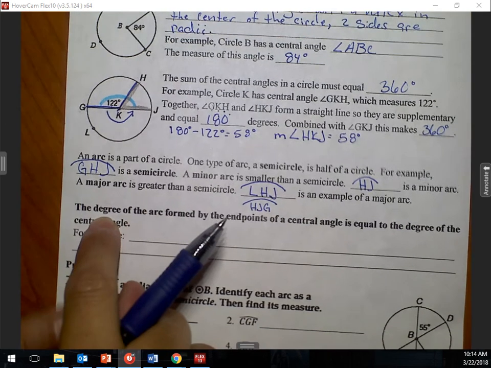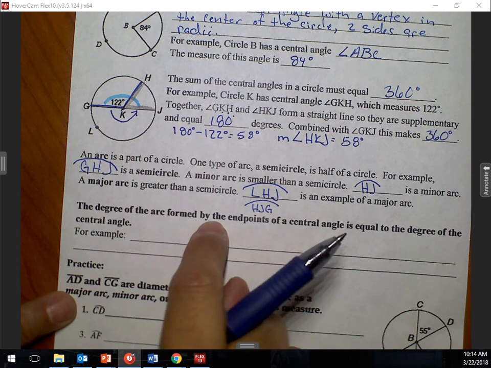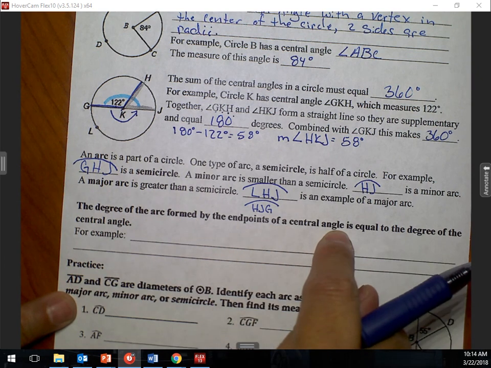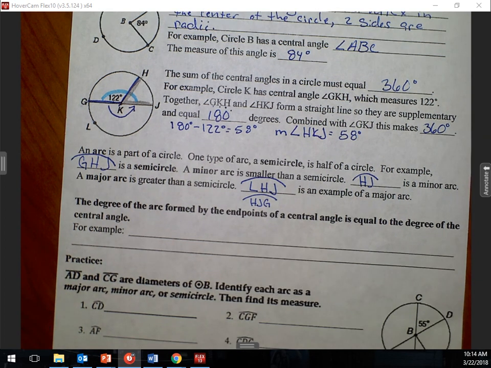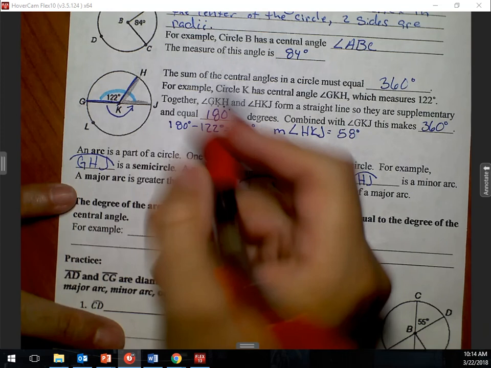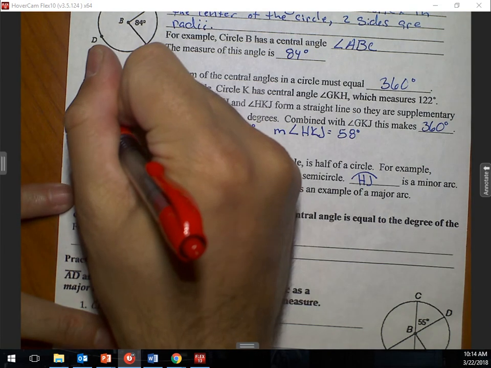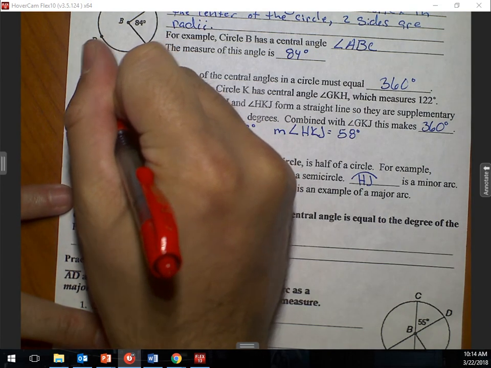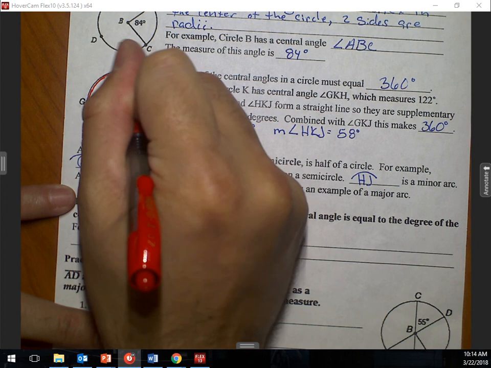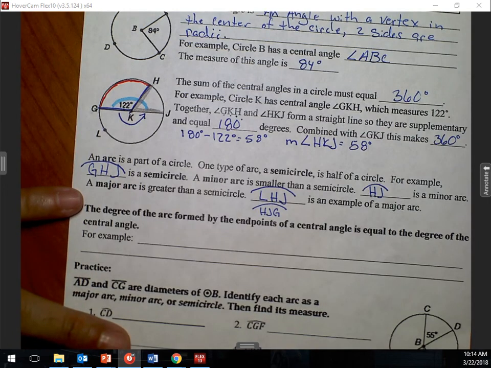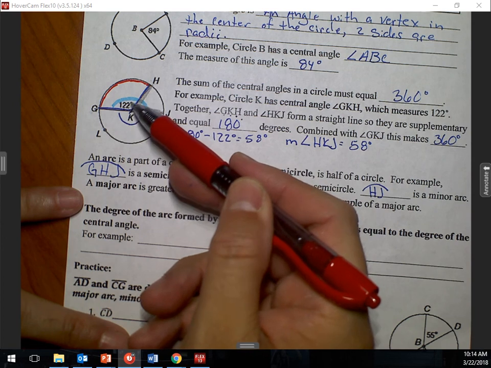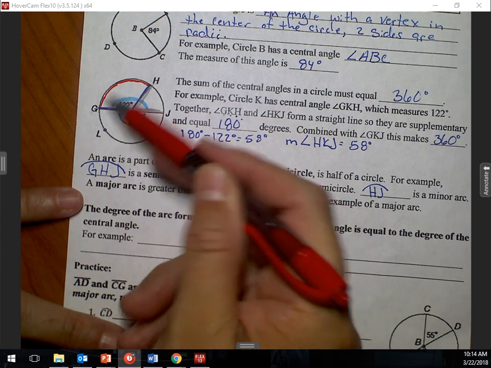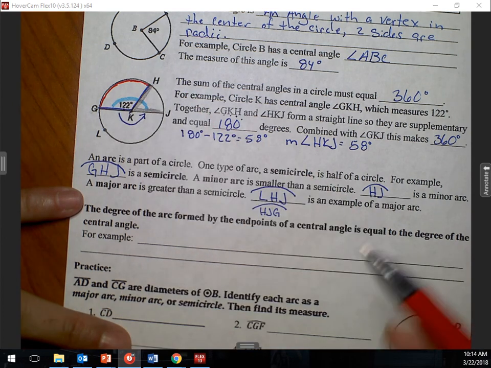Okay, it says right here, the degree of the arc formed by the endpoints of a central angle is equal to the degree of the central angle. Now let me put that in very, very simple English. So GH is going to be how much? 122. Very good. It's the same as the central angle. So if my central angle is 122, my arc is 122.